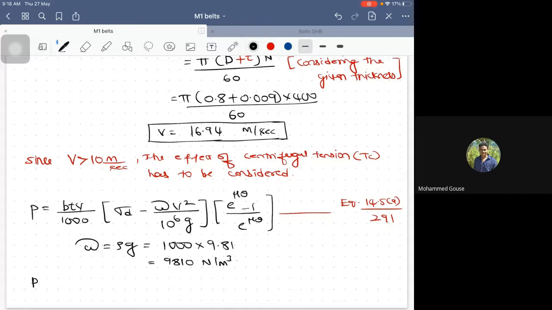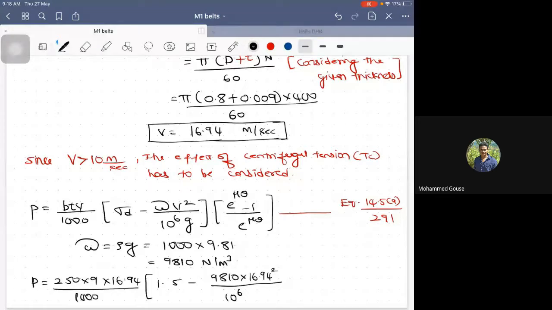So P is equal to, what is the value of B? It is 250 cross thickness 9 cross 16.94, the value of velocity, divided by 1000 into sigma D value 1.5, minus 9810 which is W into 16.94 velocity square divided by 10 to the power of 6 into G. G value is 9.81.